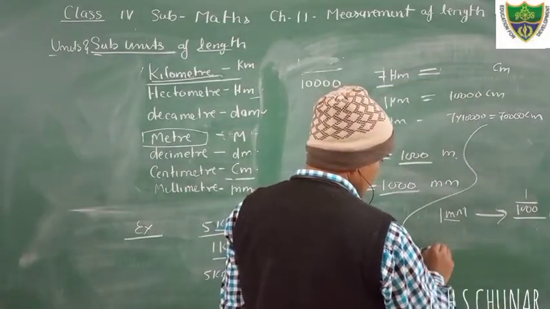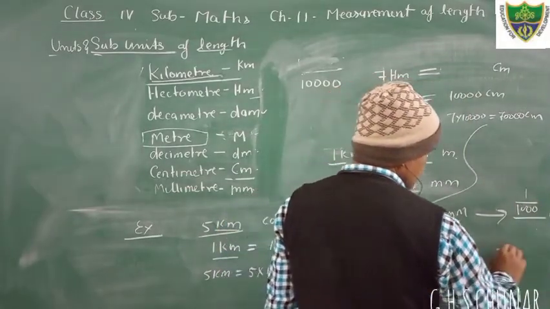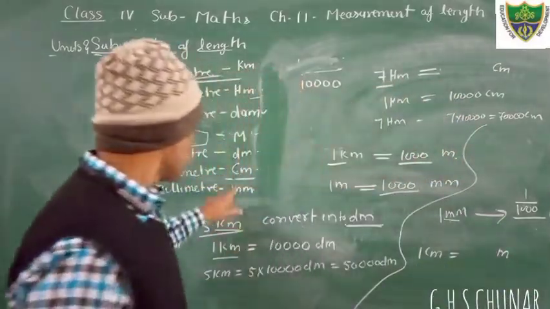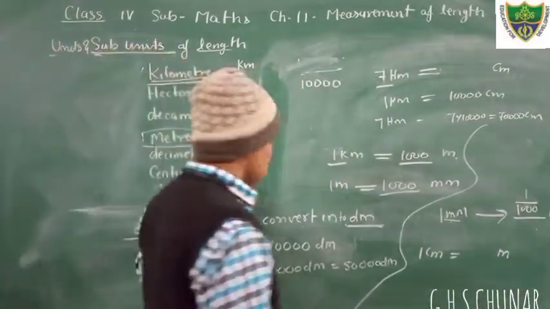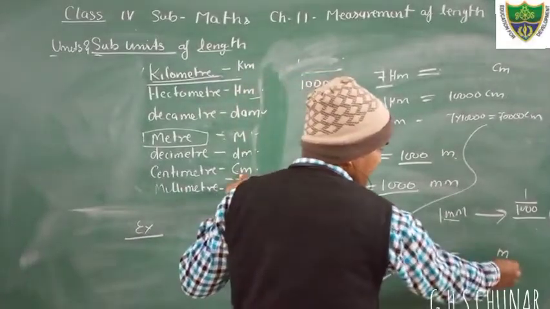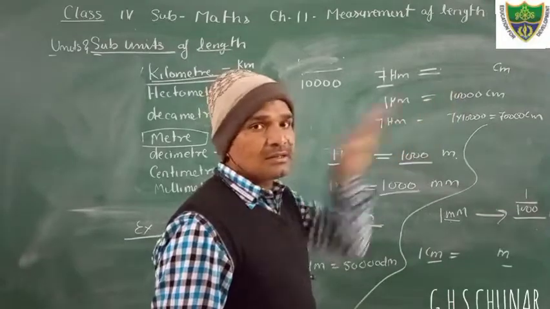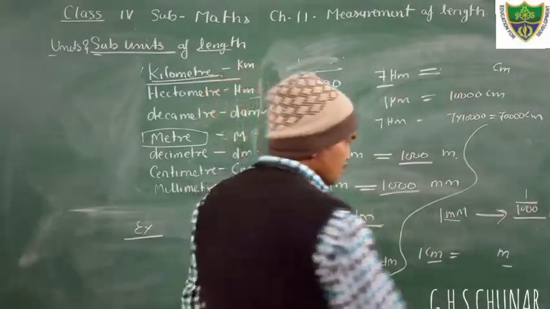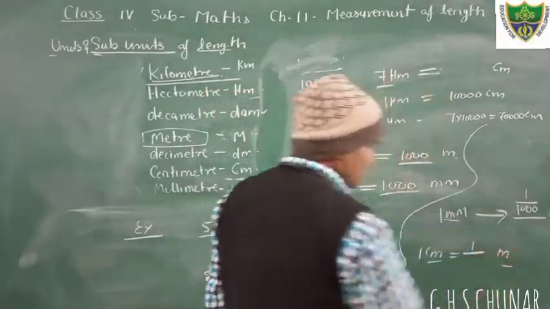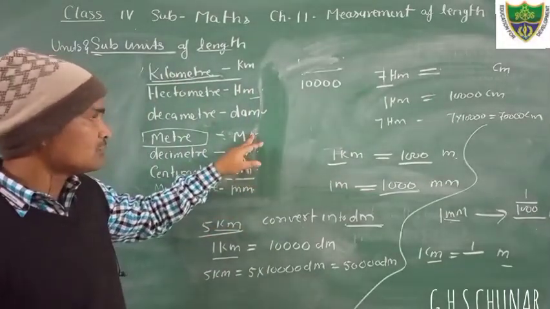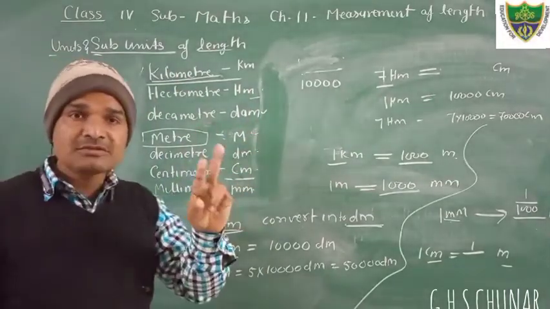Next, 1 centimeter is equal to how much meter? This is the centimeter. So centimeter and meter, smaller to larger, smaller to larger. So we will divide 1 by which number? From centimeter to meter, 1, 2. By a number with 2 zeros.